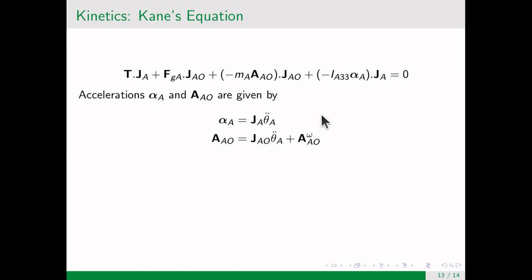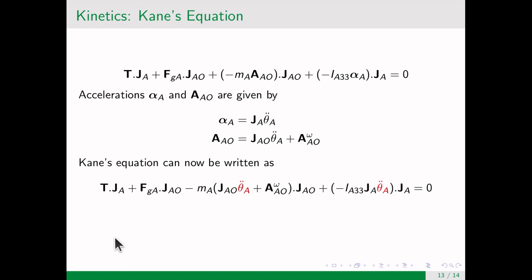Now again, we have also written acceleration in terms of the Jacobians and the omega component of acceleration. Substituting these also, we have everything in terms of Jacobians and everything else is known.